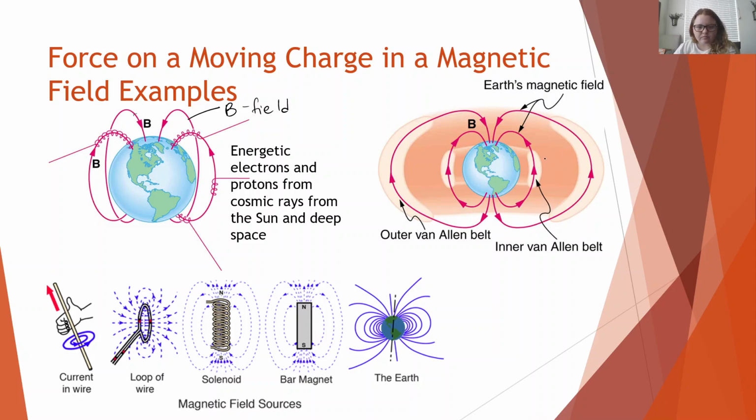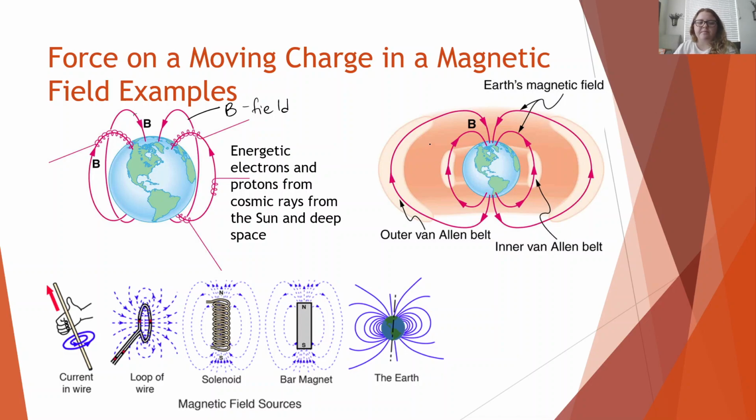And scientists have come up with names to describe that buildup of charges, and that would be the outer Van Allen belt and the inner Van Allen belt. Again, these are the magnetic field here.